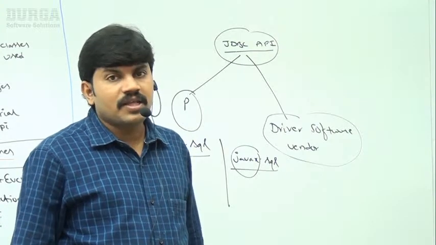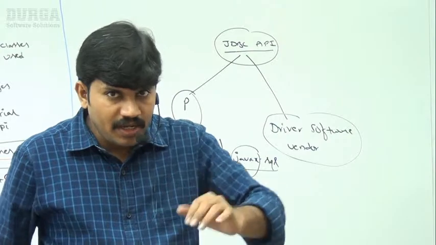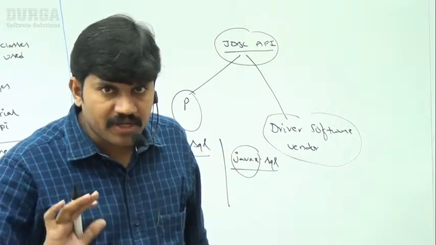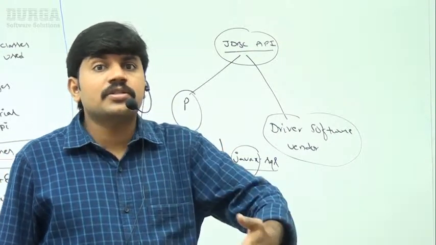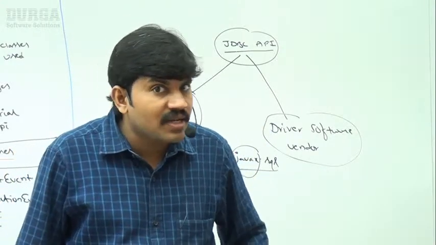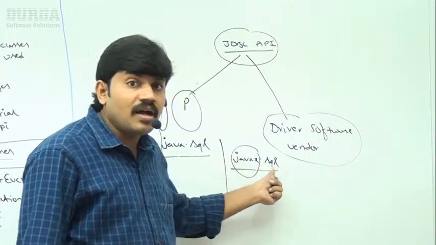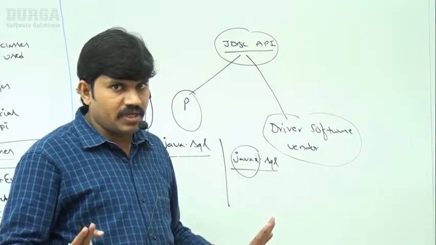Say I want to implement the connection pooling concept, which is a separate concept, I will explain it in detail. Or I want to use RowSet instead of ResultSet. Then we should go forward with the javax.sql package. Are you in a position to understand, right?